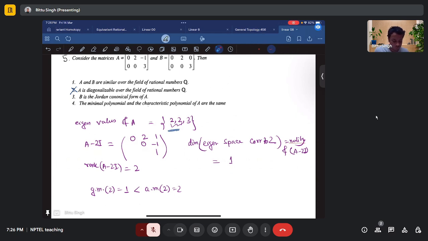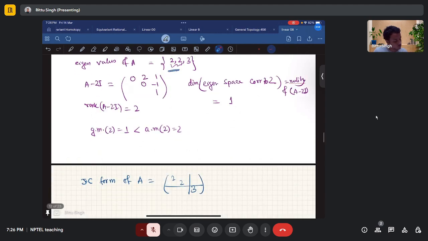Geometric multiplicity of 2 is 1. This means the number of Jordan blocks corresponding to this 2 will be 1.